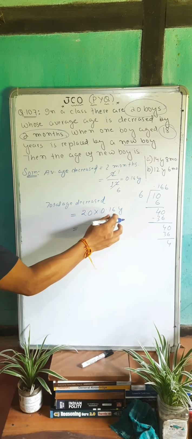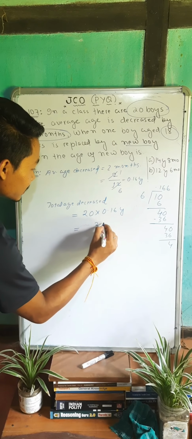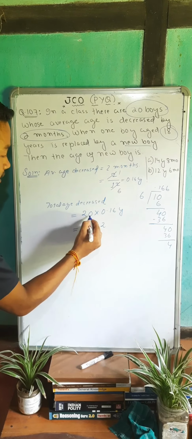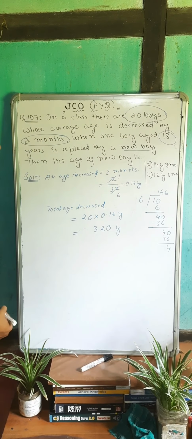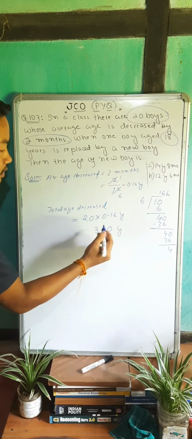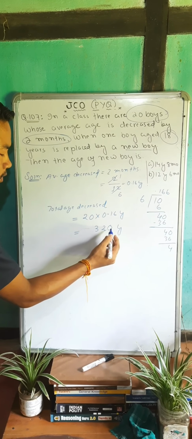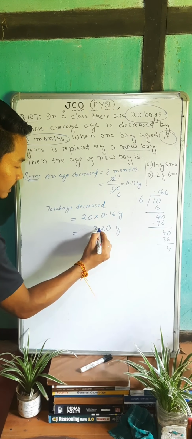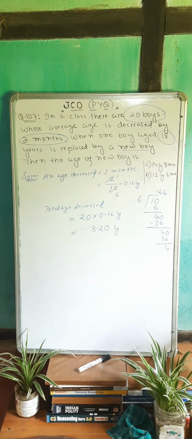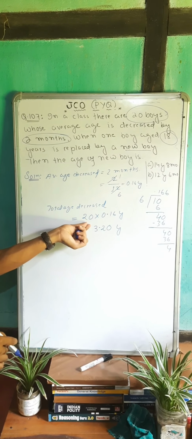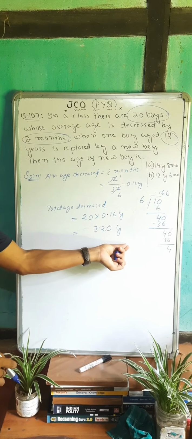So 2 16s are how much? 32. And there is one more 0 in 20, which will give us 320 year. But this is a decimal number. So 2 decimal places, then 2 digits will come back. It will become 3.20 year. So the total age decrease in 20 boys is 3.20 year.